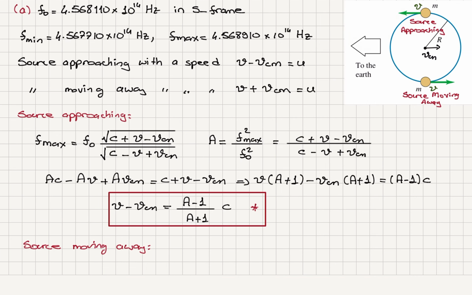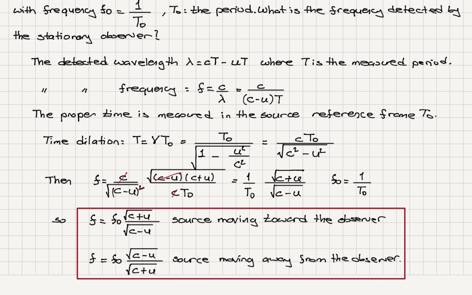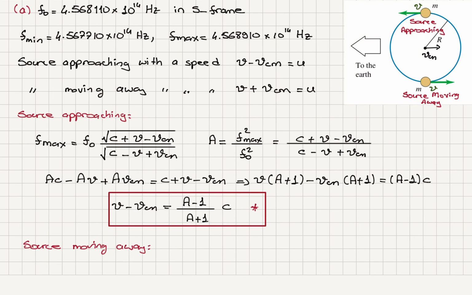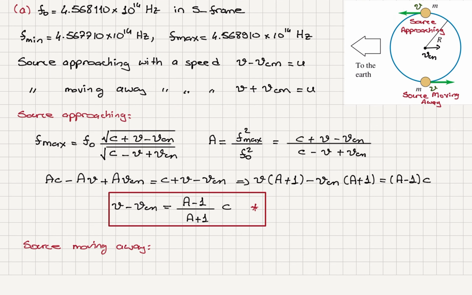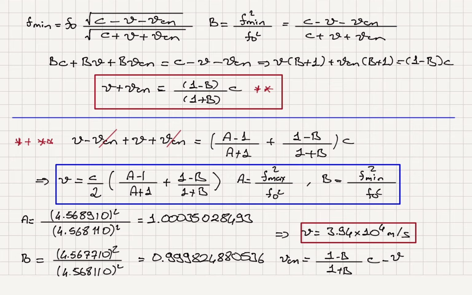So I calculated the maximum frequency for the source approaching the observer with speed v, the orbital speed, minus the center of mass speed. I can use this formula, and with that I can calculate the maximum frequency. And for the source moving away, I can use v plus v center of mass as the speed of the object, and that's going to be inserted into the relativistic Doppler shift.